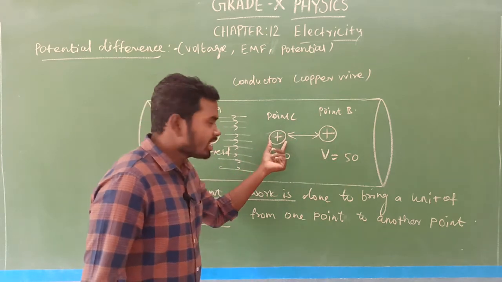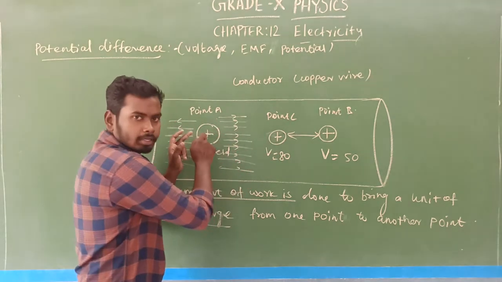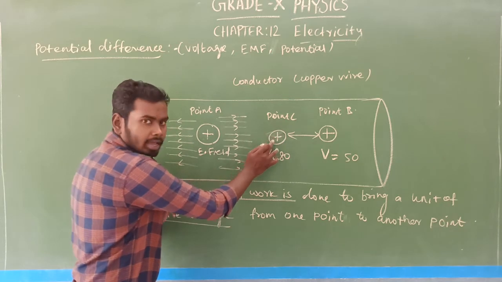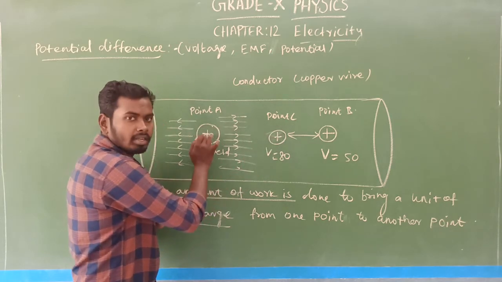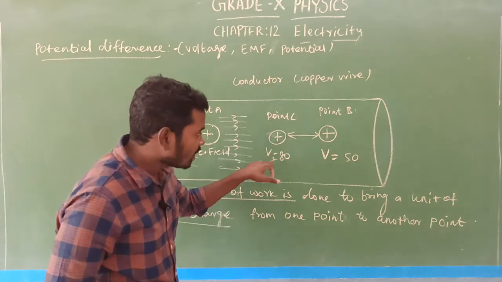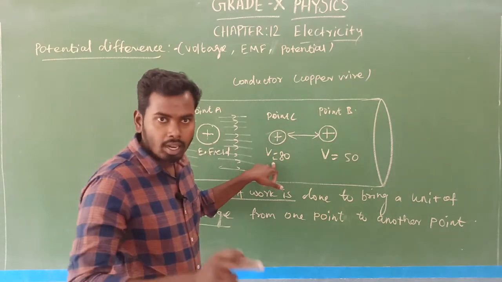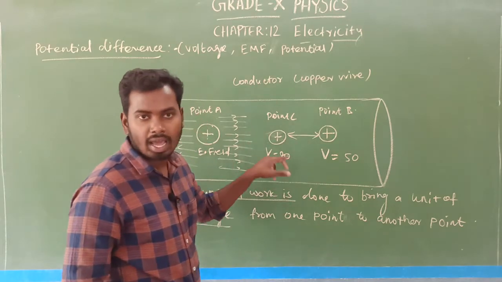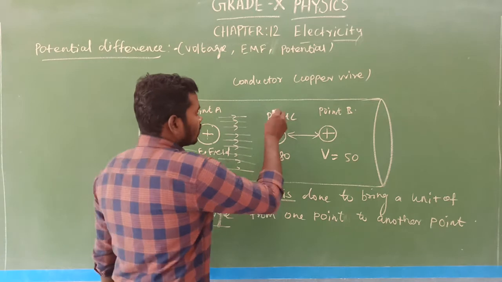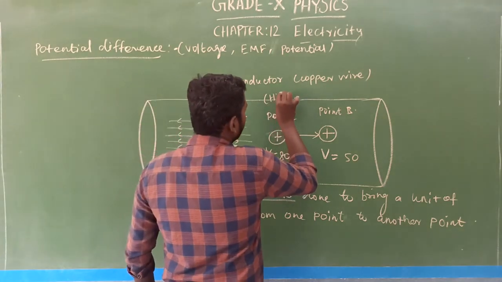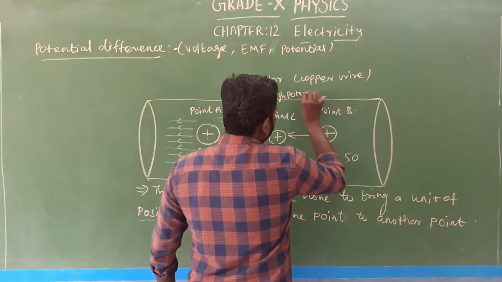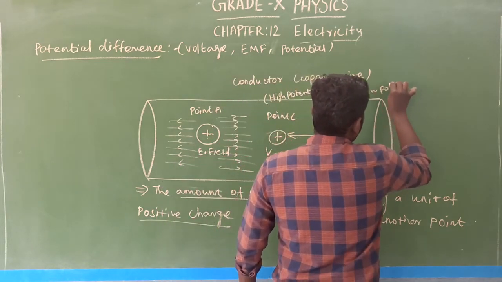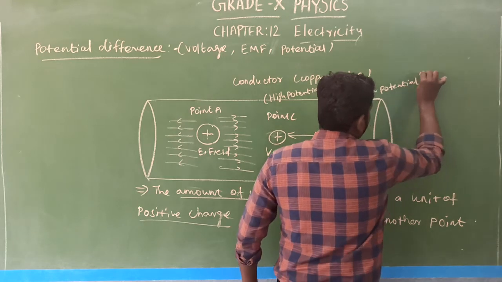Because point C is placed very close to the charge at point A, due to which there will be high potential, which means we have to spend more energy at point C. So point C is considered as high potential, and point B is considered as low potential, obviously.